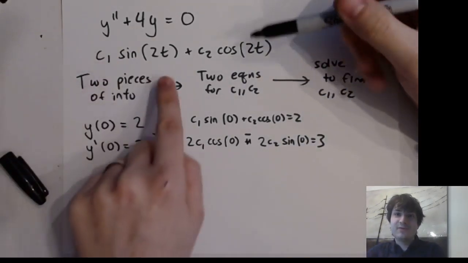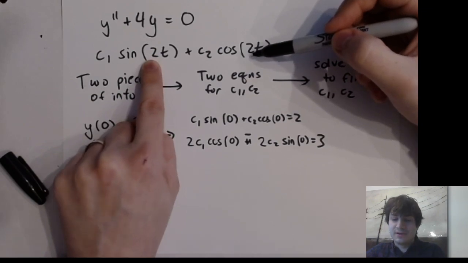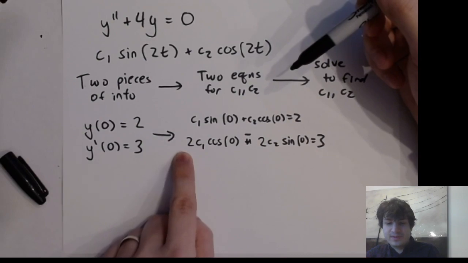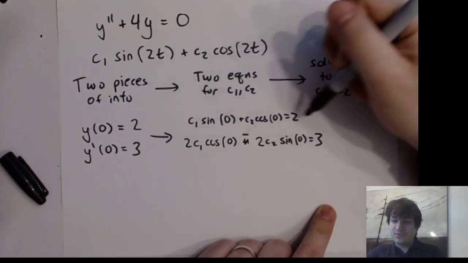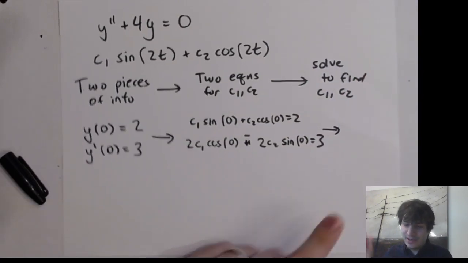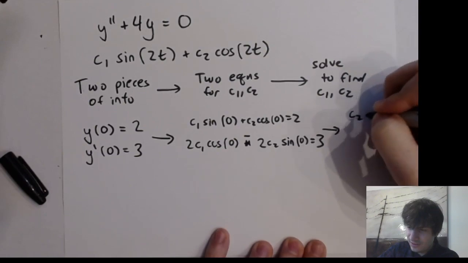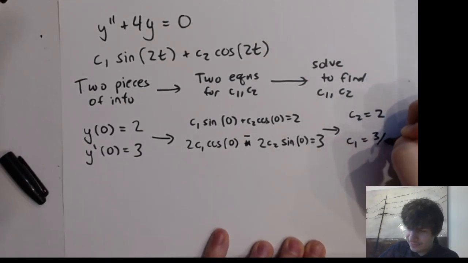So when you do the derivative, the coefficients get multiplied by these 2's that come out of the sine and cosine. So the first equation was c1 and c2, the second equation is 2c1 minus 2c2. You solve them to get c1 and c2. So what are they in this case? I guess they're c2 equals 2 and c1 equals 3/2.